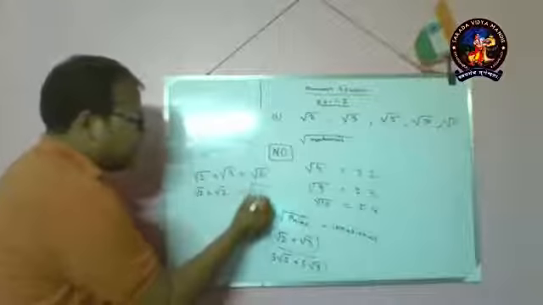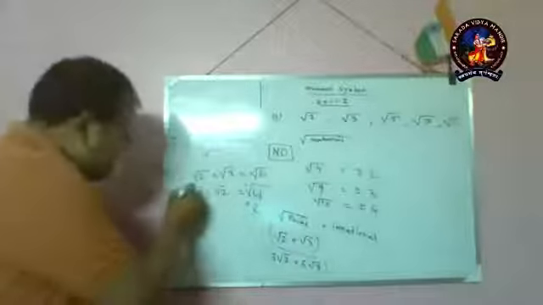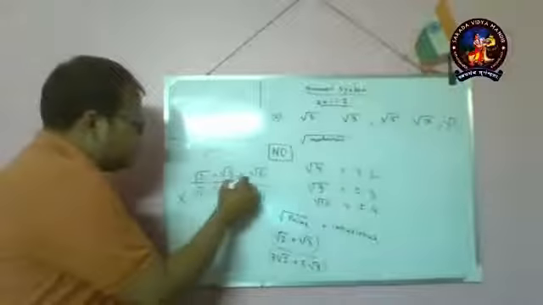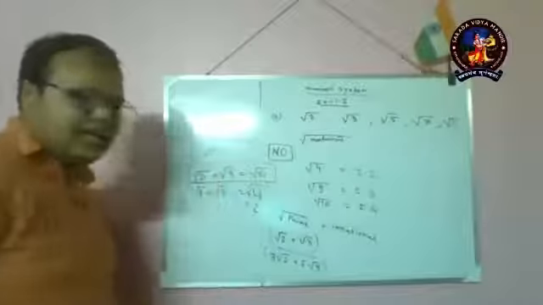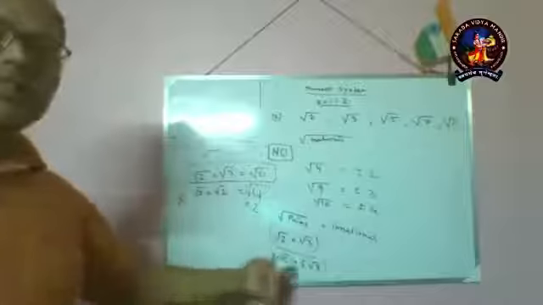Otherwise, if you multiply two different irrationals, you will get another irrational number. If you multiply a rational with an irrational number, you will get an irrational number only.